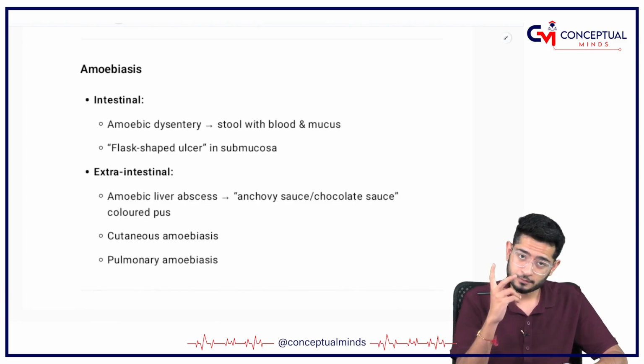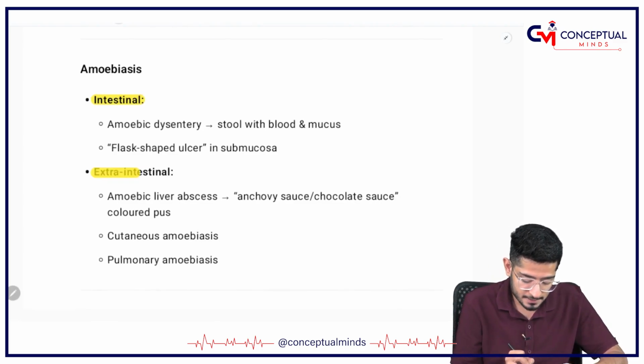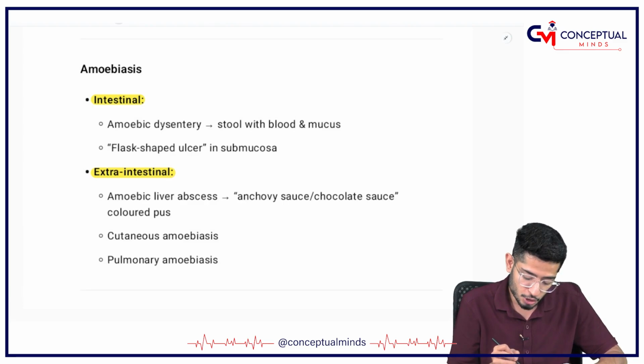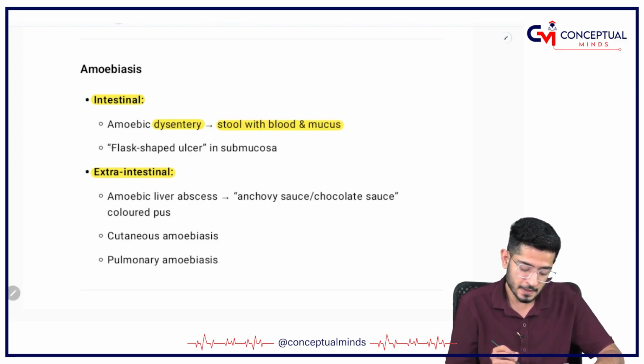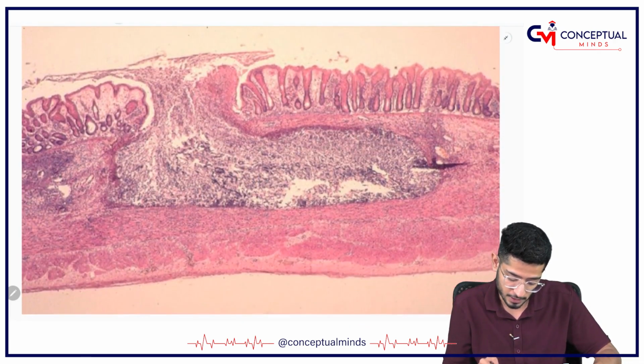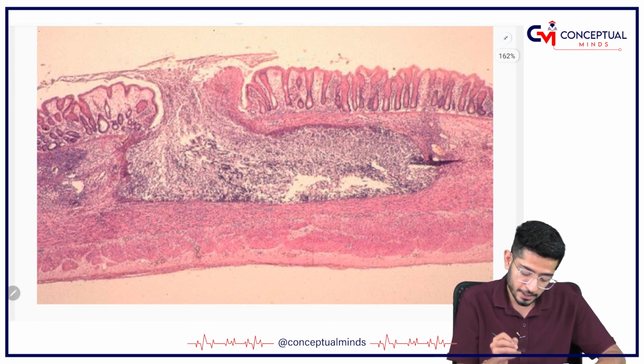Amoebiasis, my dear friends, is of two types, intestinal amoebiasis and extra-intestinal amoebiasis. Intestinal amoebiasis means you will have dysentery, that means stool with blood and mucus, and there will be a flask-shaped ulcer in the submucosa. Can you see this? Locate the parts.